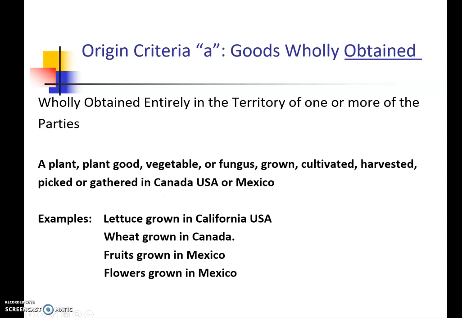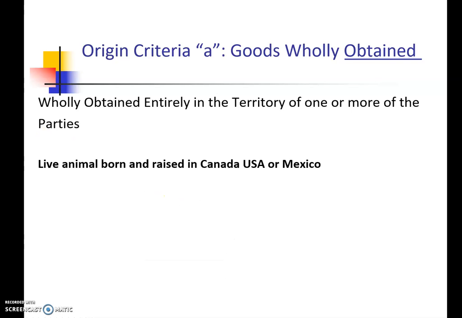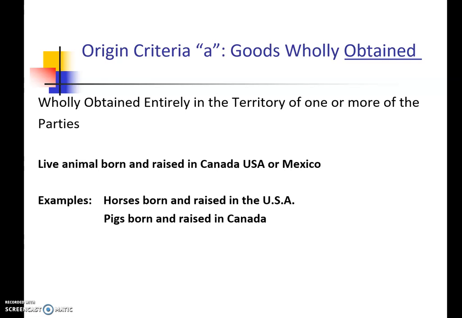So now, another example would be a live animal born and raised in Canada, the United States, or Mexico that we're shipping to the United States or shipping to Mexico. It automatically qualifies as being wholly obtained, origin criteria A. Example, you have a horse born and raised in the United States, pigs born and raised in Canada, dogs and cats born and raised in Mexico, shipped to any other country, Canada, United States, or Mexico.